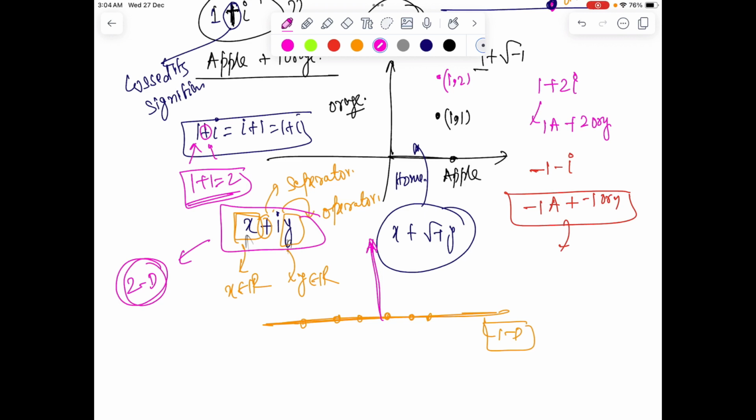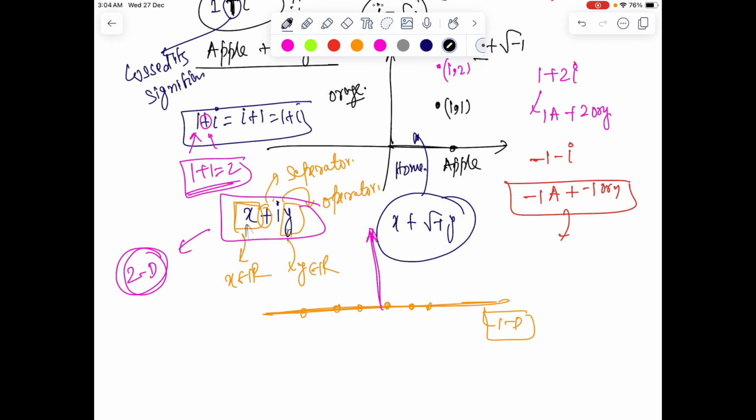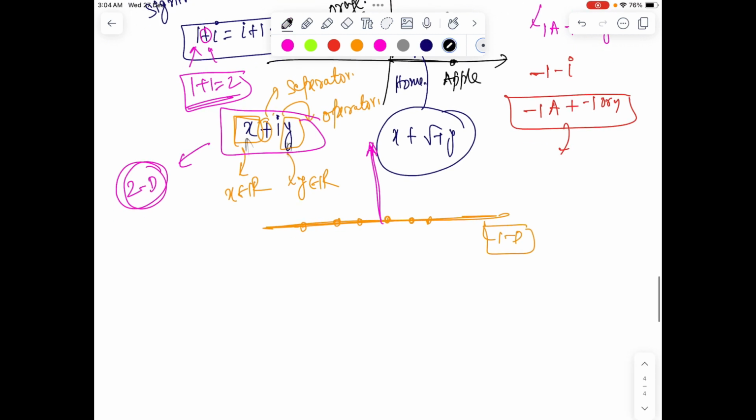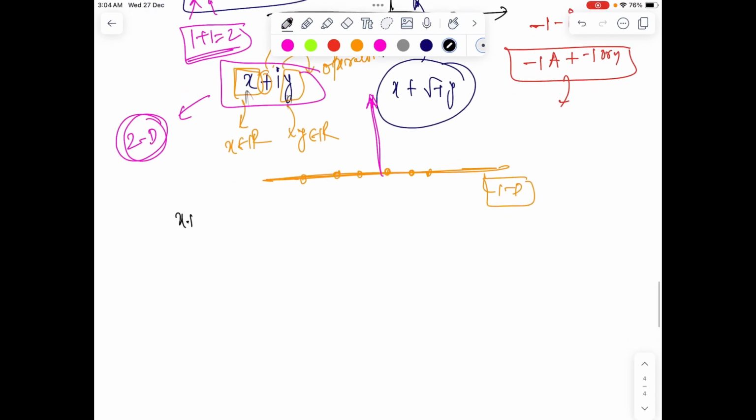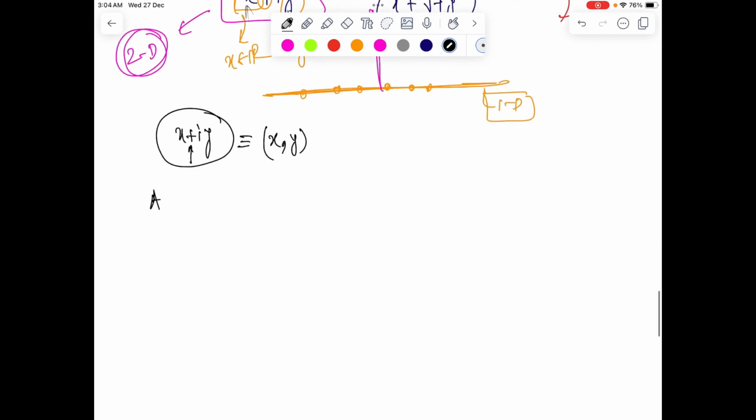So it's creating a 2D world, which was already discussed in the previous lecture. So now, with this visualization, the takeaway is that every x plus iy can be represented just as an ordered pair, where there is no meaning to the plus, so it's just a separator, and i is an operator. Okay, so now we can come to the algebra of complex numbers.